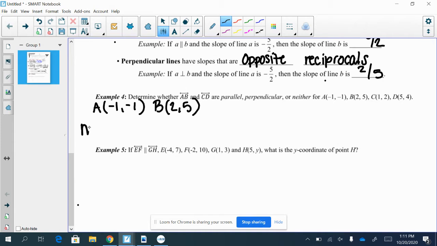So y2 minus y1, so 5 minus -1, all over 2 minus -1. So that would be 6. You can always plug this right into your calculator. 6 over 3, which is 2.